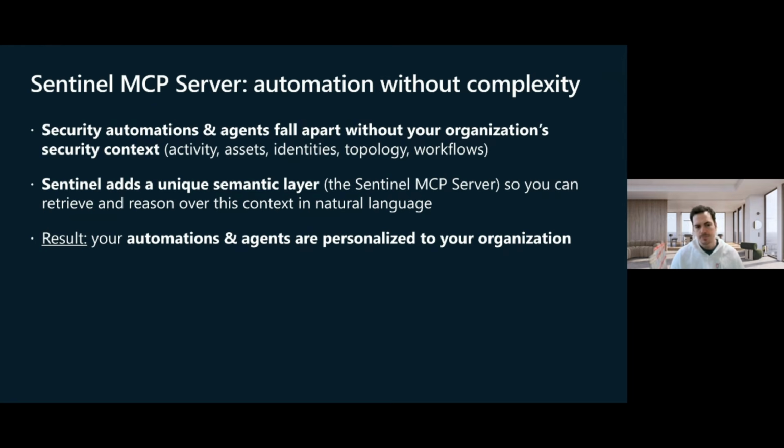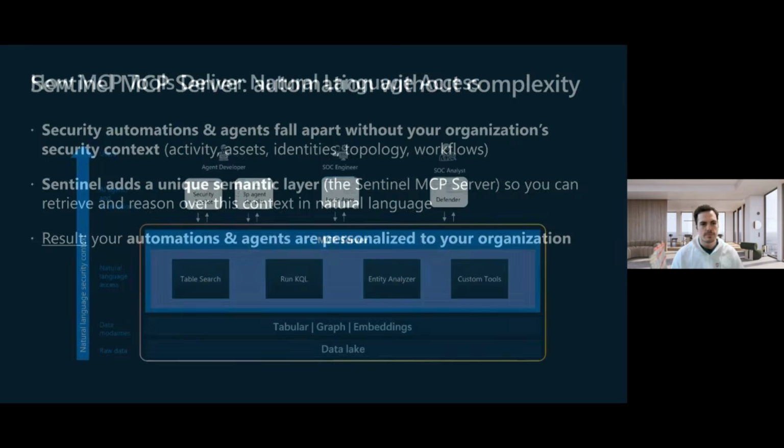What Sentinel does is we add a semantic layer over all of that context, which is the Sentinel MCP server, so that your agents and your automations can retrieve and reason over this context in natural language. The result is that these automations and agents are now personalized to your organization and work really well.